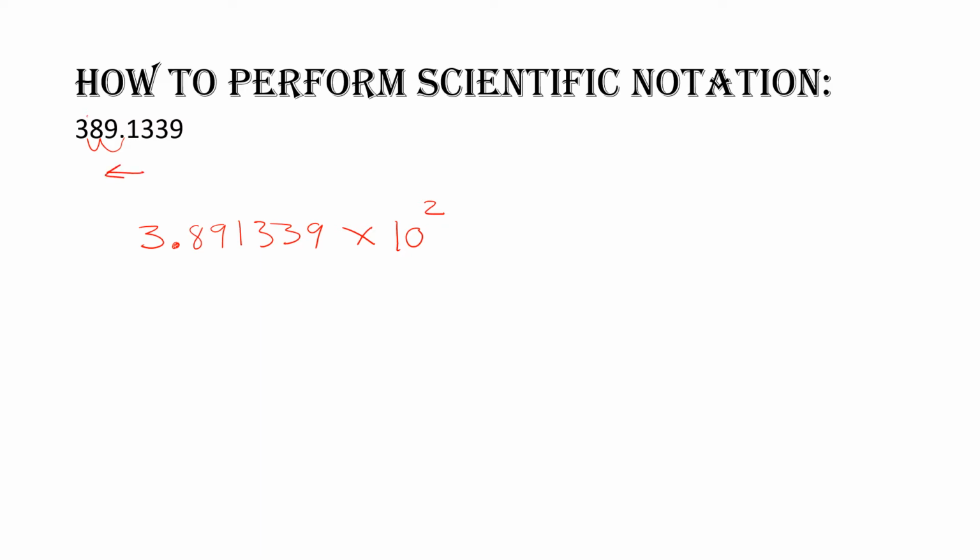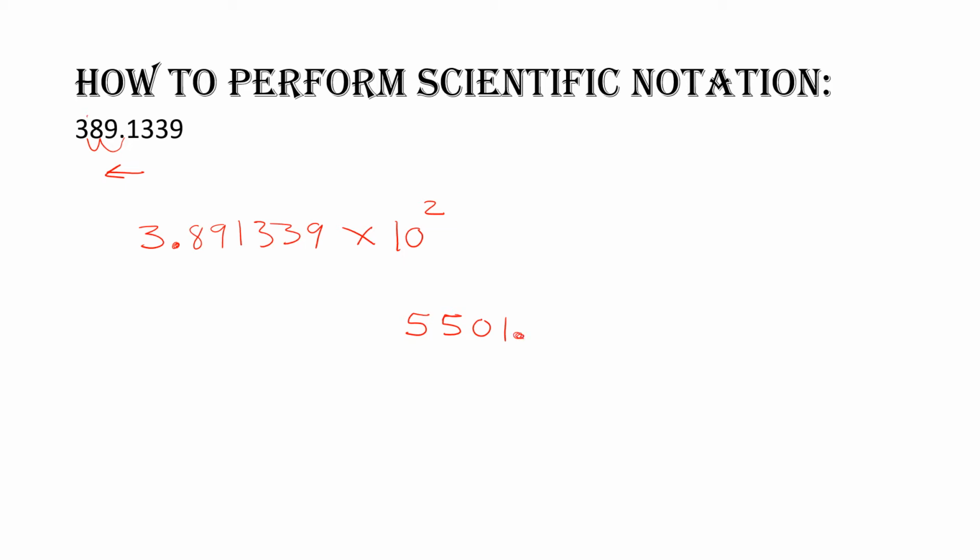Good. There will be instances where you're moving the point in this direction. And if you move the point in this direction, then the power will become negative. And we're going to address those as they come. So let me do another quick example. So supposing I have 5,501. If I want to write this in standard form again, notice that there is a decimal point here. Even though it's not given, it's not stated, we know that there is a decimal point here.